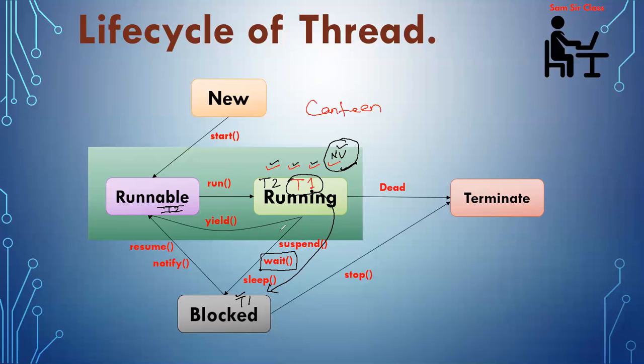Now whenever the resource becomes available, suppose the item is ready, the notify method will be called for the block thread, saying that the item or resource is ready. Now T1 will have the resource and will come to the end of the runnable queue for execution. Clear? Okay, this is the third method.